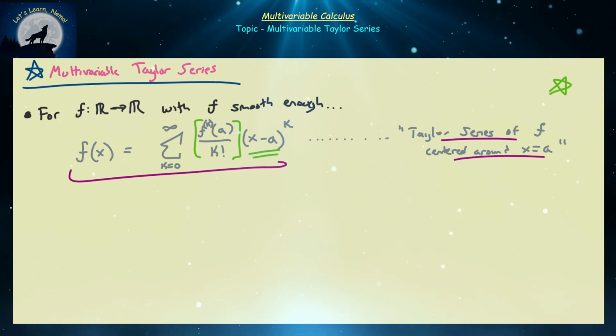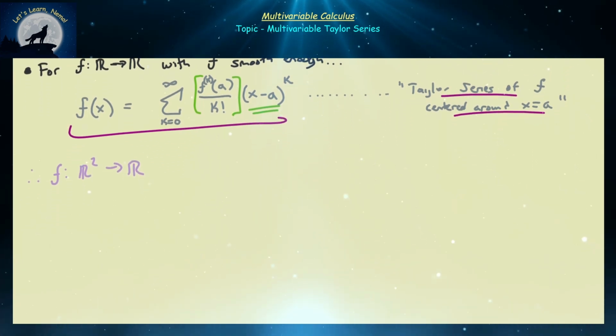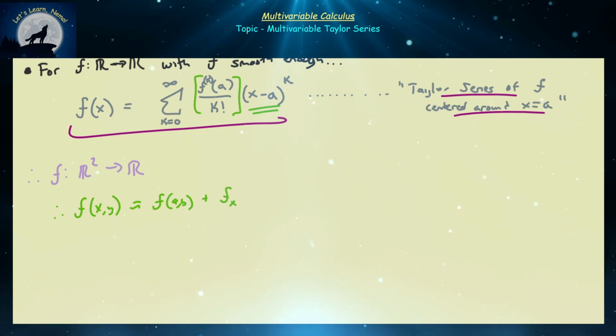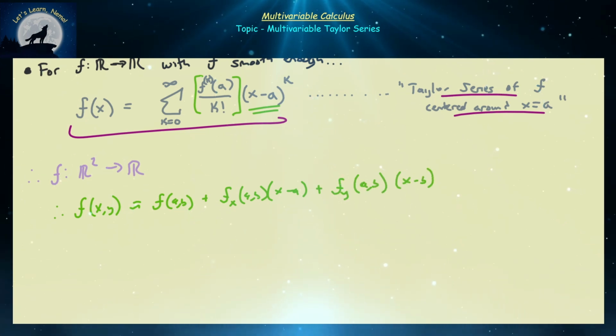So if we take a look at our particular function f, and let's assume that f maps R2 to R, from our discussion on tangent planes, we were able to see that f of x, y is approximately equal to f of a, b plus f_x at (a, b) times x minus a plus f_y at (a, b) times y minus b.